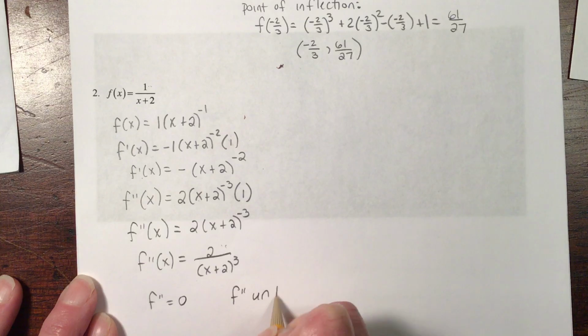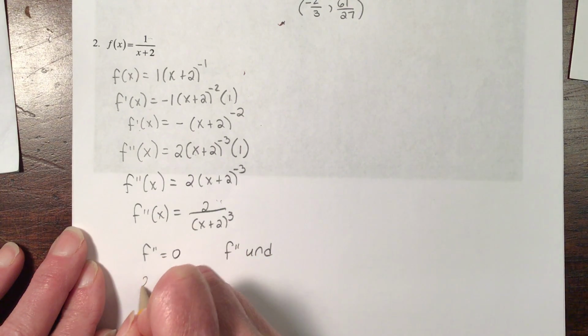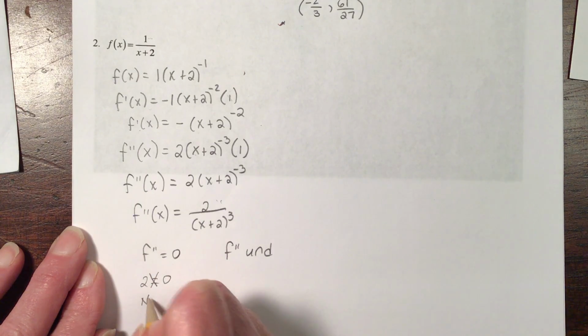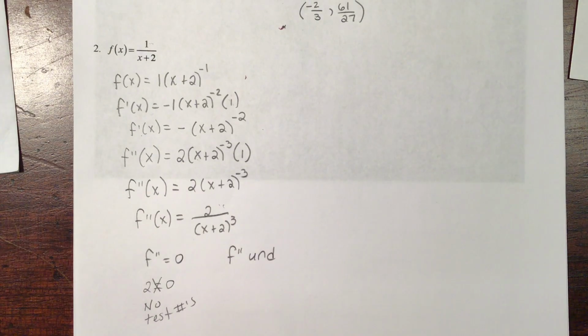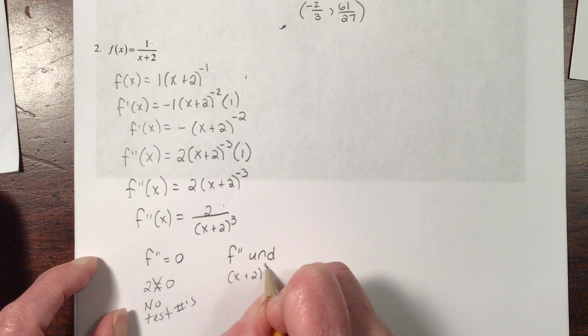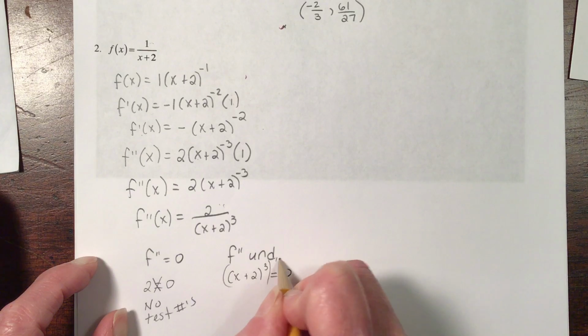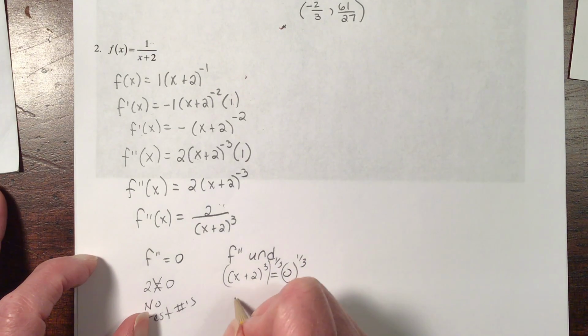I need to look for where it's undefined. Numerator equal to 0, that's never going to happen. Denominator equal to 0. So some of you can see this in your head, that's fine. But if you have to solve it, raise each side to the reciprocal power.